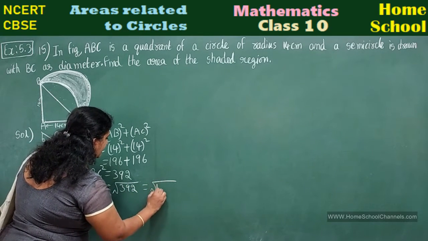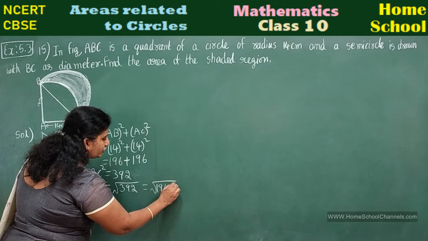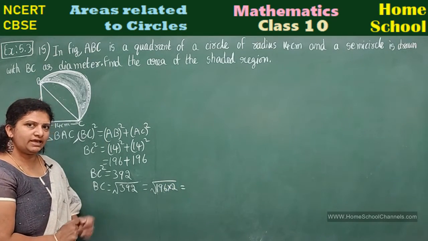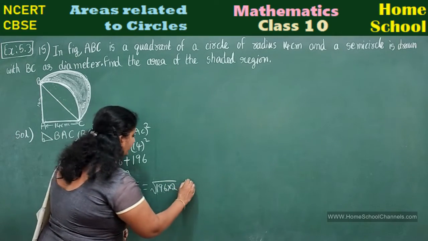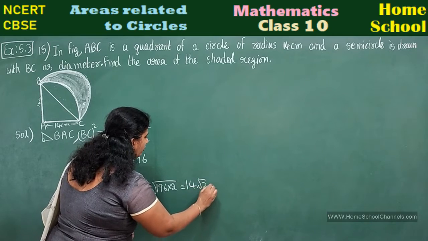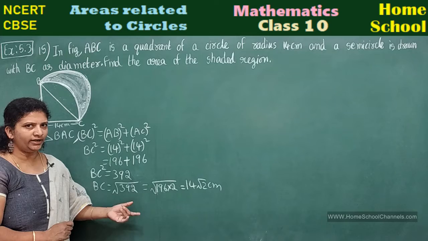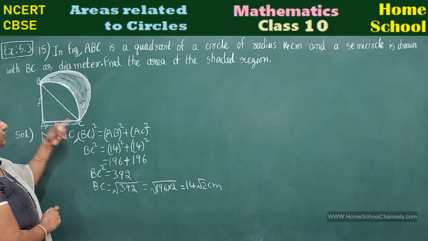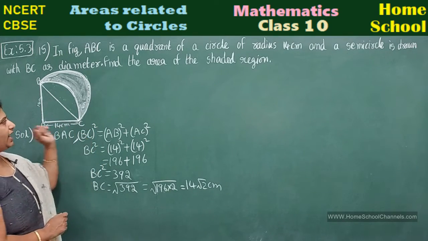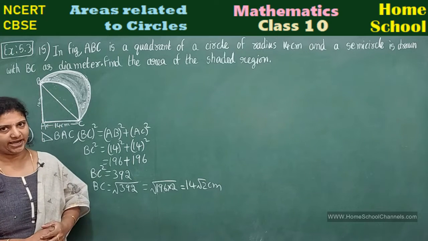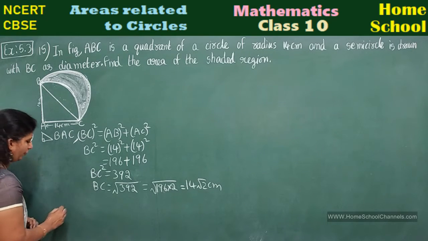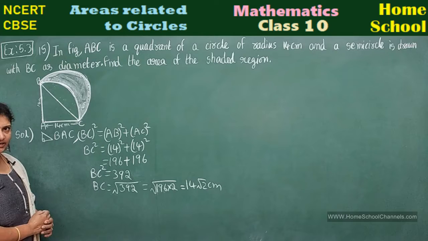Let me write this as 196 into 2. 196 is the perfect square of 14, so 14 root 2 centimeters. 14 root 2 centimeters is what? It is the diameter of the semicircle and the hypotenuse of this triangle. So BC is the diameter.